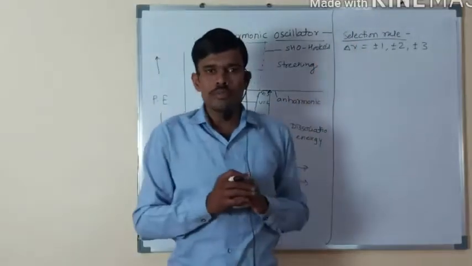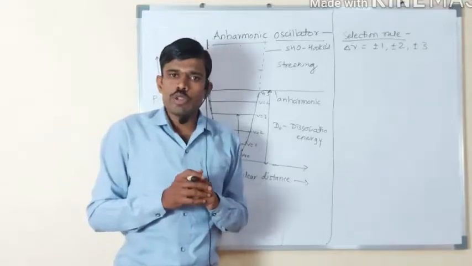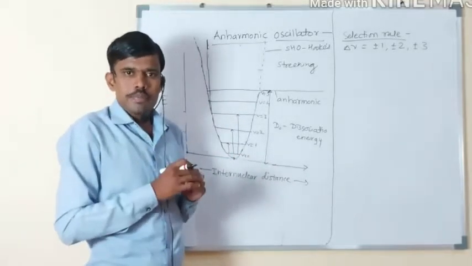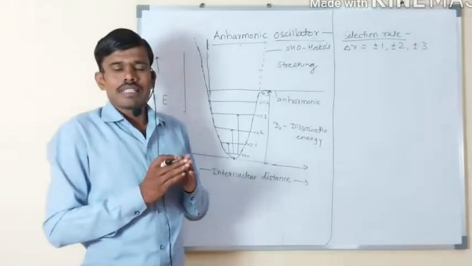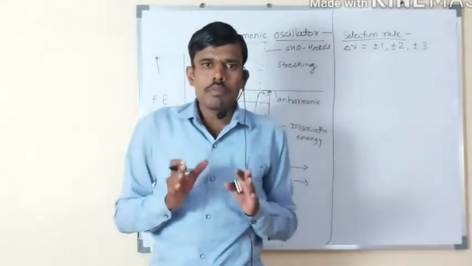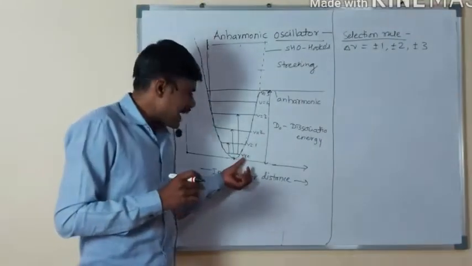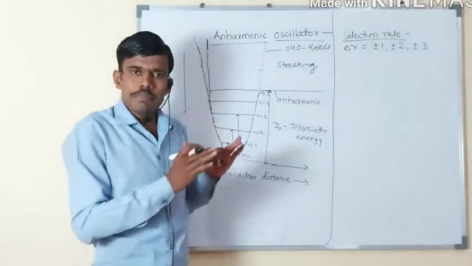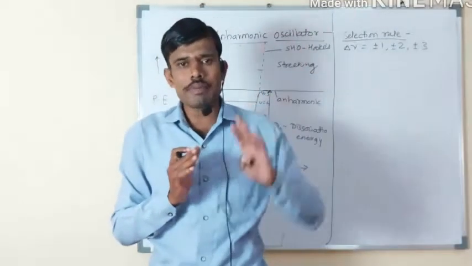But in a vibrating diatomic molecule, if we determine the population of energy states, then from the population it is clear that the V0 state is more populated as compared to V1, V2 and all other vibrational states.